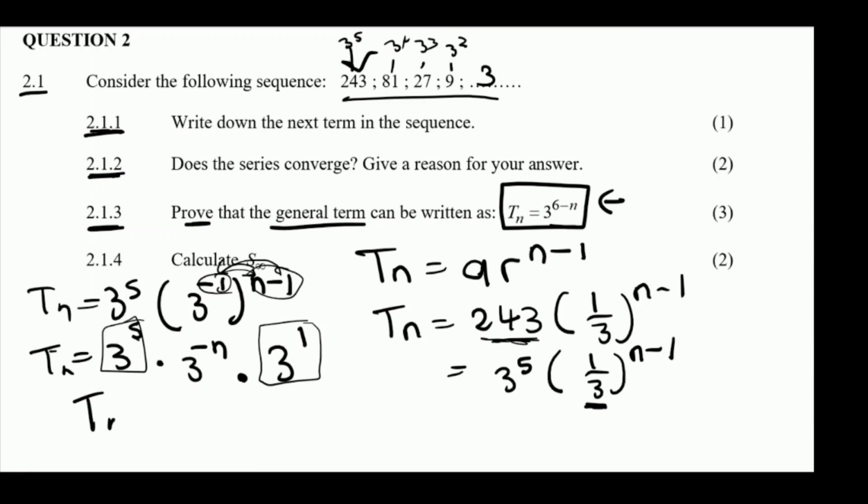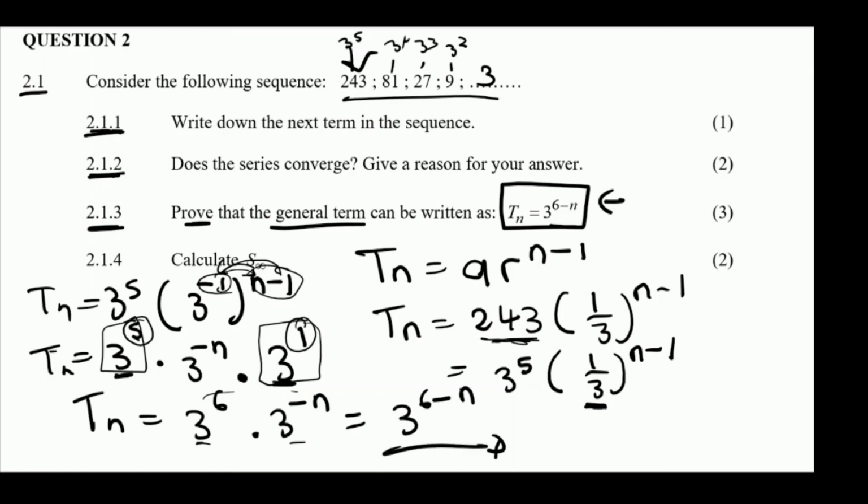Tn is equal to, so base 3, they have the same base, but the exponent is 5 and 1 here, so you're going to add both of them. It's going to give you 3 to the power of 6 multiplied by 3 to the power of minus n, right? Then we can simply write this as 3, which is the common base, and then we add the exponents, right? So it's going to be 6 minus n. So this Tn is now the same as this one here.